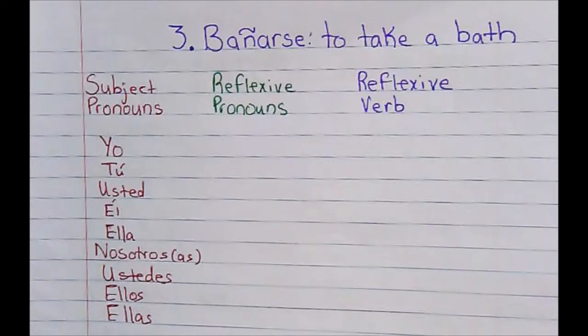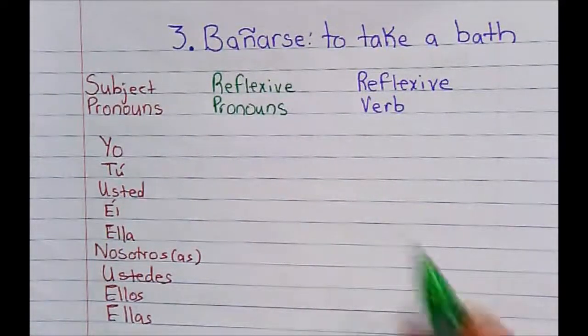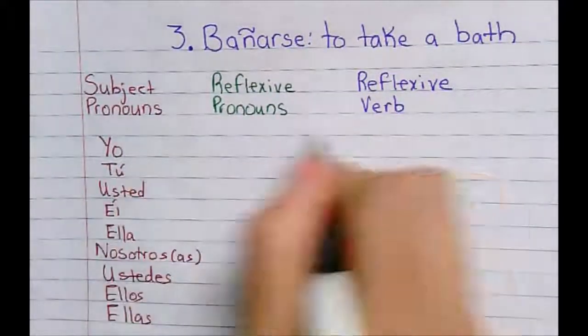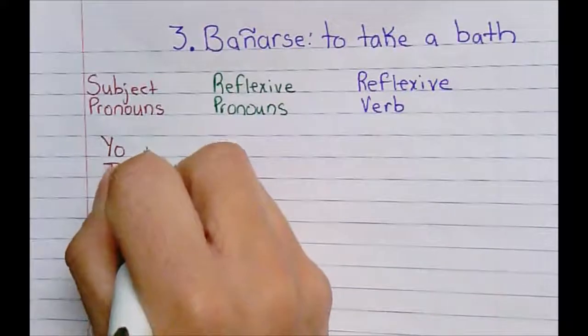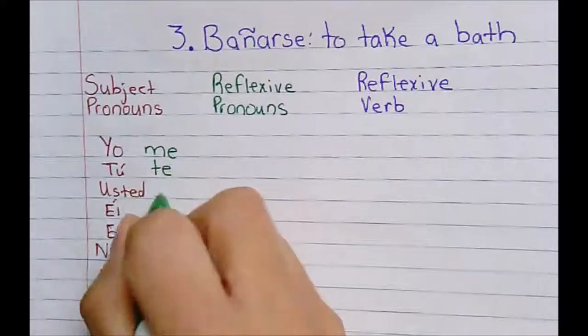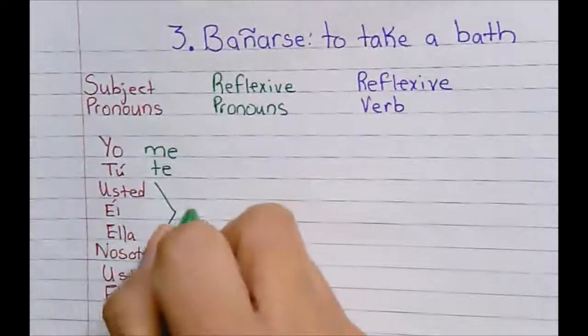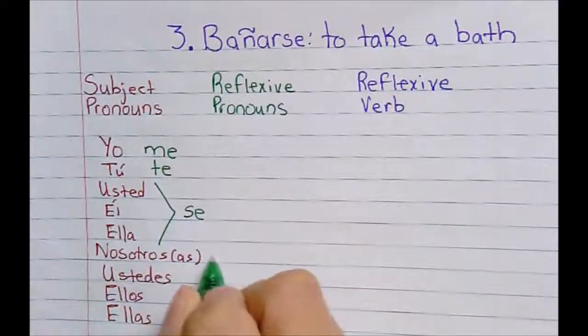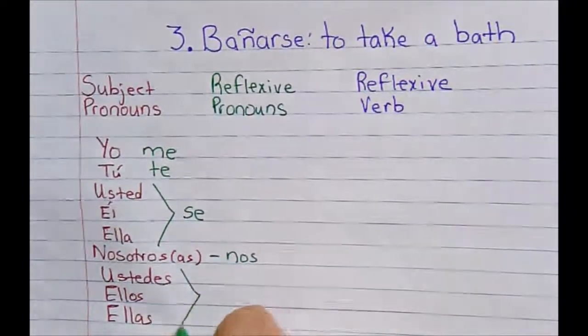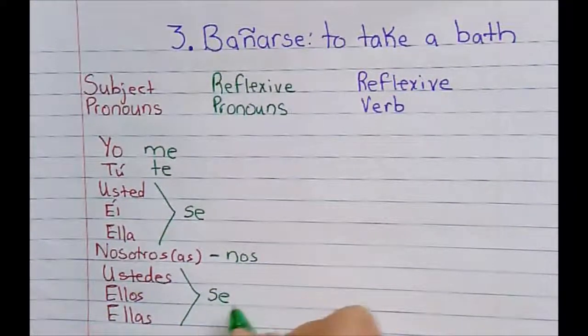Del sujeto. Ahora, reflexive pronouns. Los pronombres del reflexivo. Yo me, tú te, usted, él, ella se, nosotros nos, ustedes, ellos, ellas se.